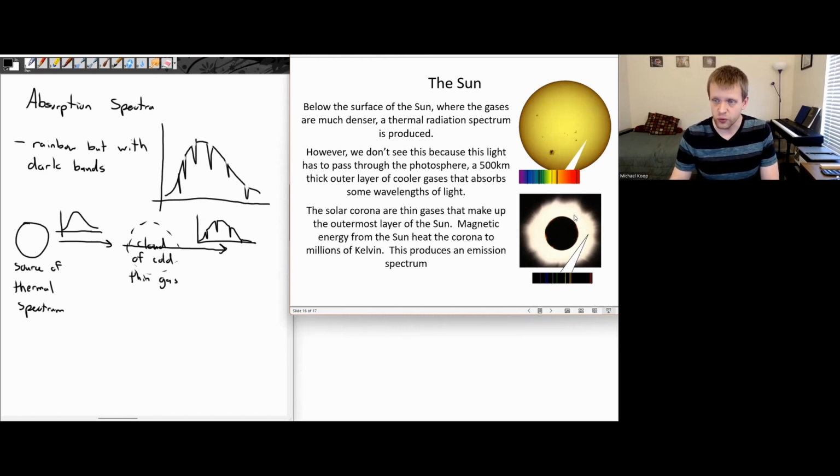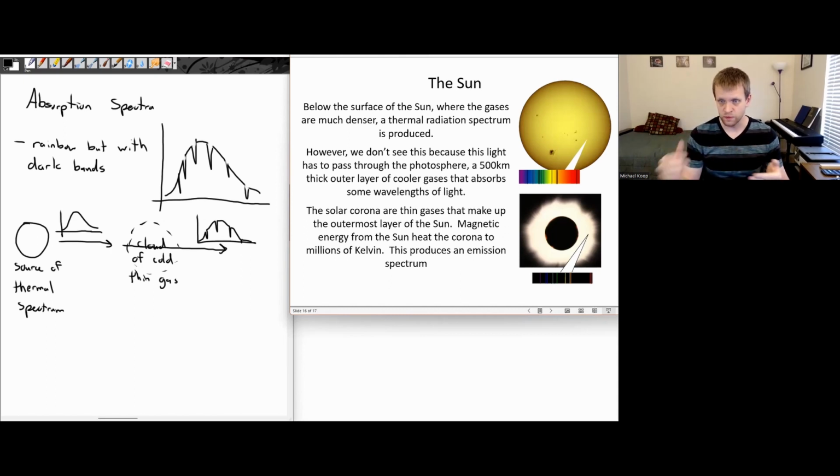However, if you look at the outer part of the sun's atmosphere, what we call the corona is made up of thin gases that, in a way that we don't really understand yet, have been heated to literally millions of Kelvin. We are going to talk about the properties of the sun and the properties of the sun's atmosphere, this corona.